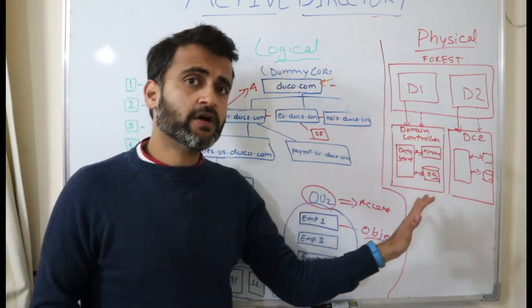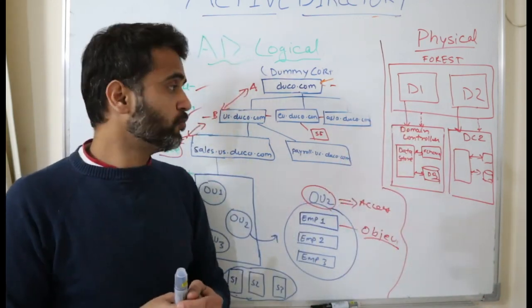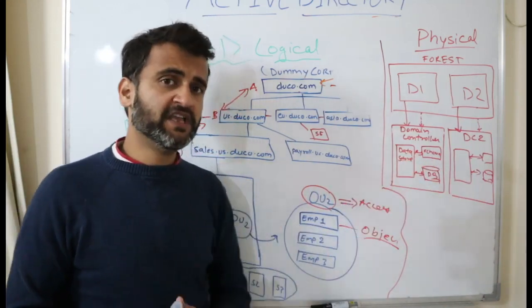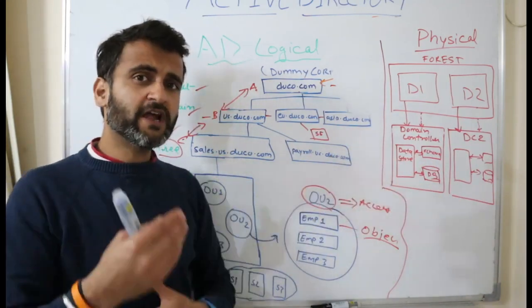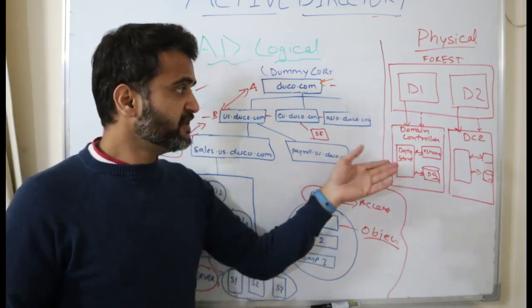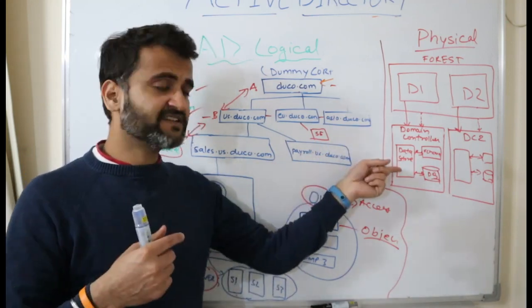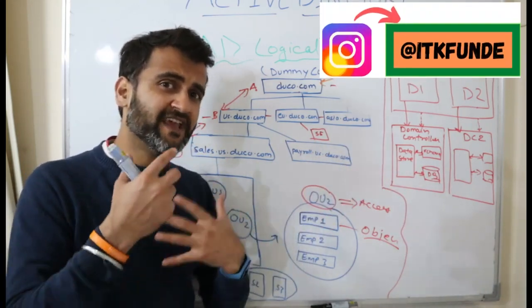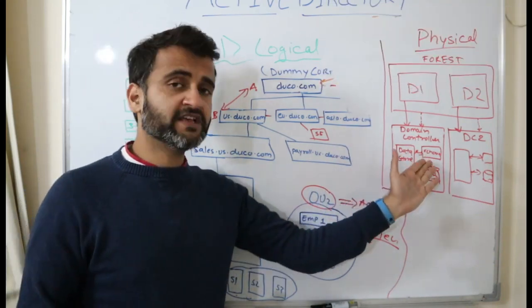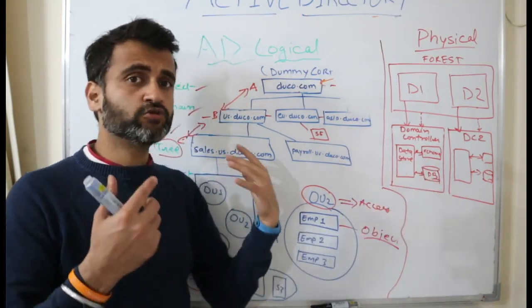Under a domain controller you have 3 key components: the data store, the schema, and the actual DB. Your data store is kind of your front-end services like AD, Kerberos, LDAP, which do the fronting. These services can be considered as APIs, and these APIs expose the schema details and the DB details to the end user.